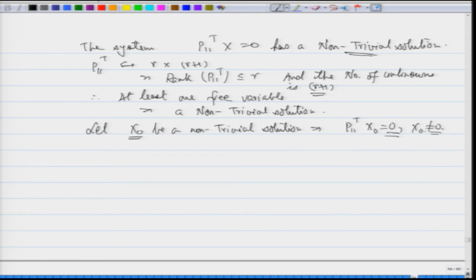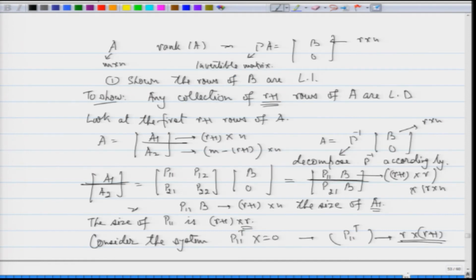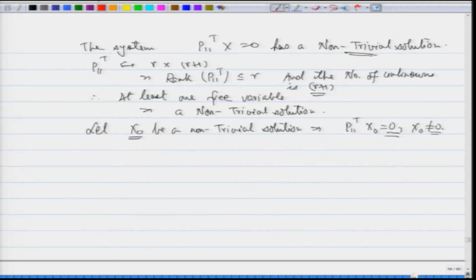Fine. So, let us go back to the question. So, we need to look at A1. In place of A1, we are looking at P11 B, basically because A1 for us is this. So, this is what our A1 is. Fine. So, let us look at what is A1 transpose.